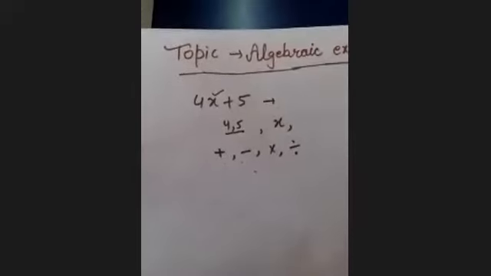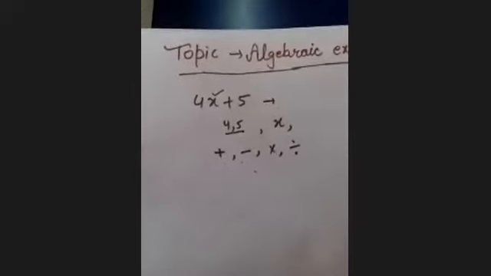A few more examples of algebraic expressions are 5y power 3 minus 7, and next is 2xy plus 11. These are a few algebraic expressions. Clear, students?